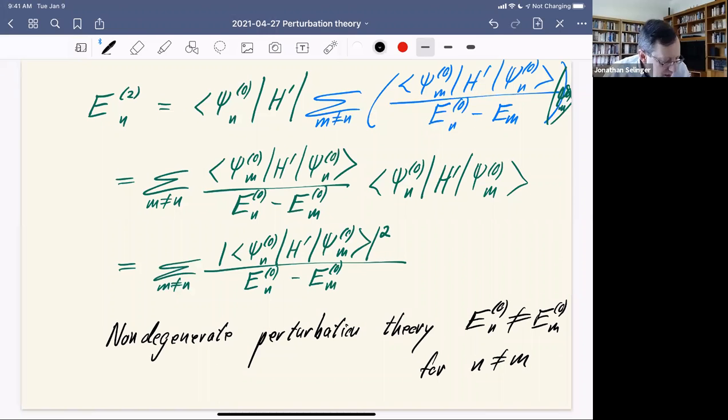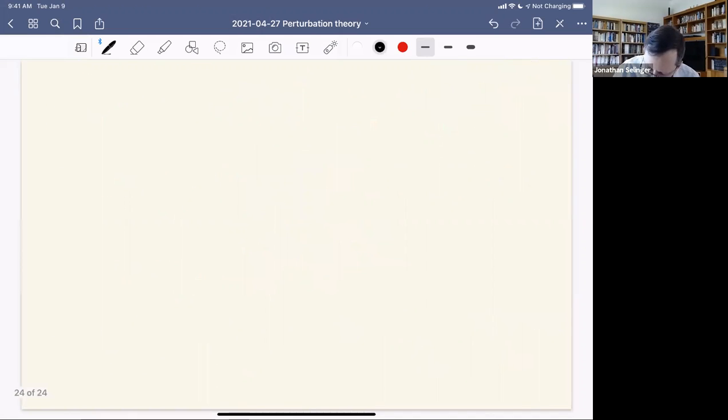Okay, let me talk for the rest of this class about another example of how this enters into atomic physics.